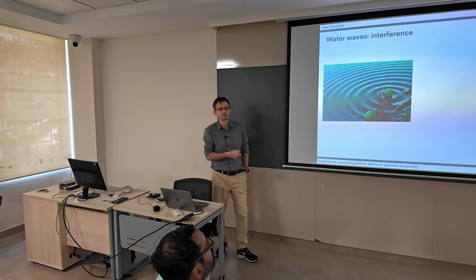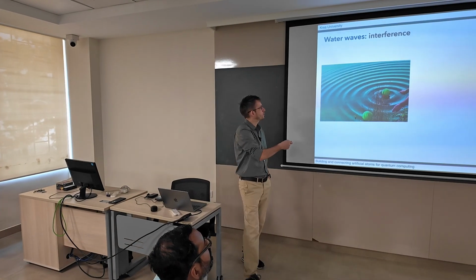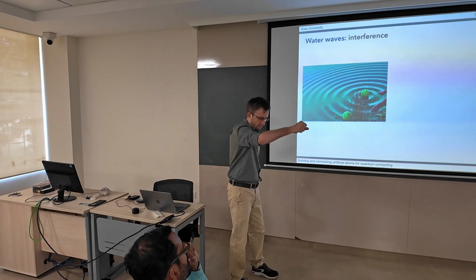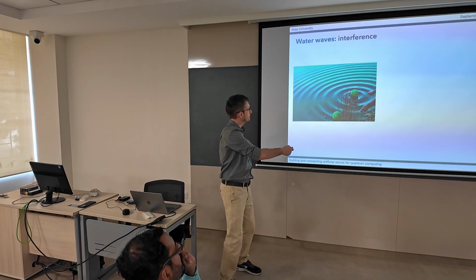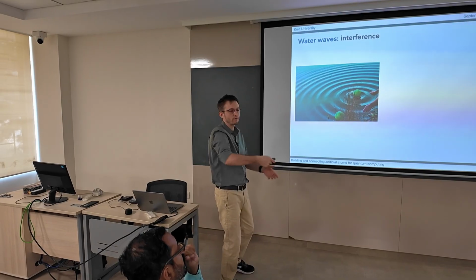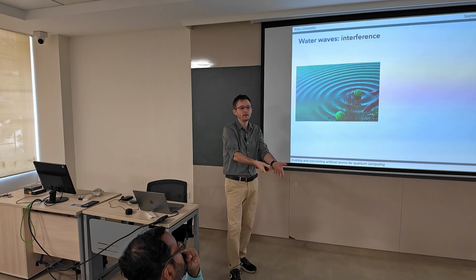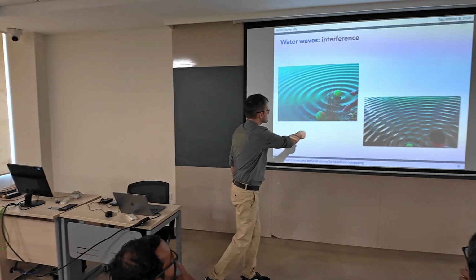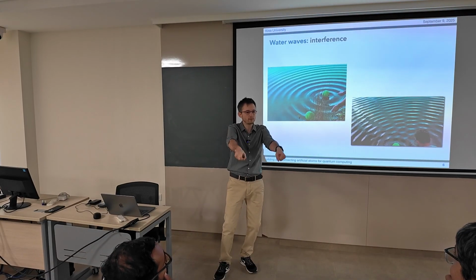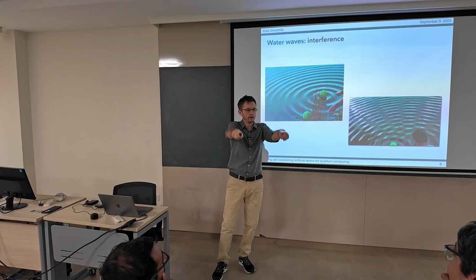It's nice to illustrate this with water. If you do this experiment where you have a big plastic ball and you make it oscillate in the water, it's going to create ripples. You must have seen that with a stone falling in the water. Now what happens if I use two of these, creating ripples at the same frequency in the water?